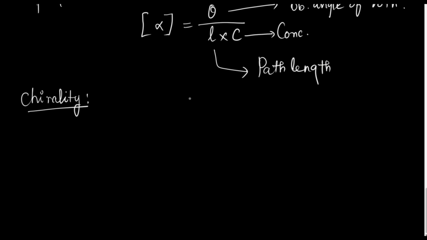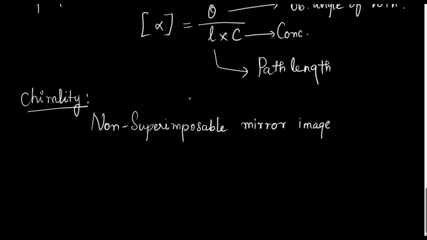What is chirality? A compound which is non-superimposable on its mirror image is called chiral.